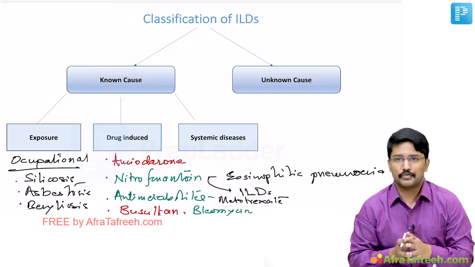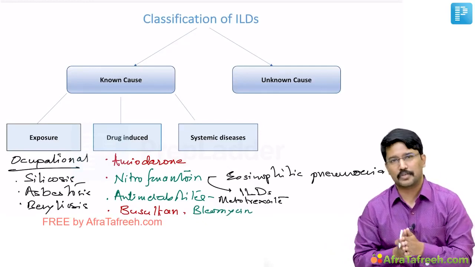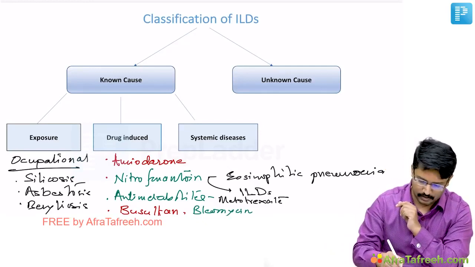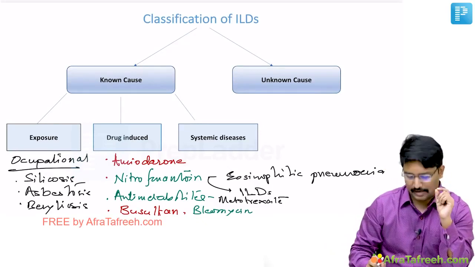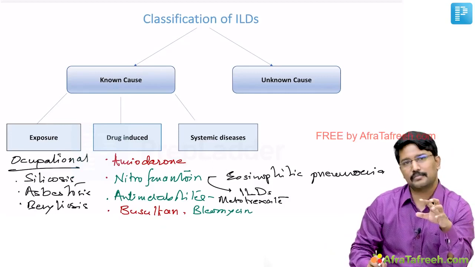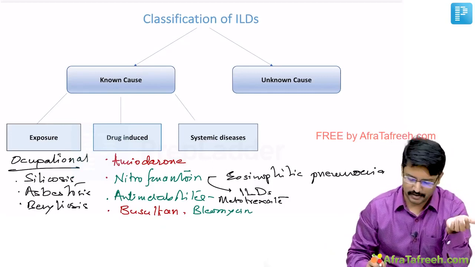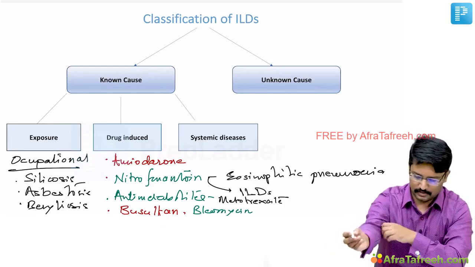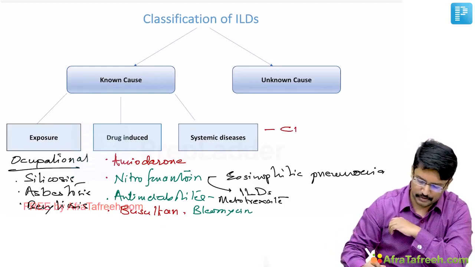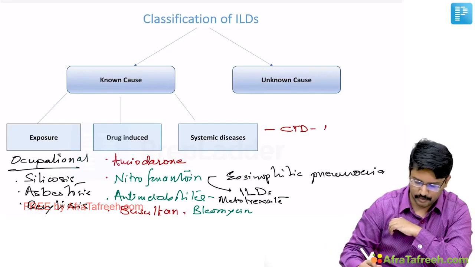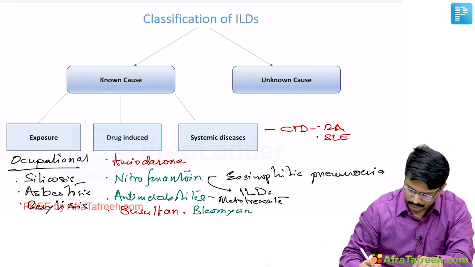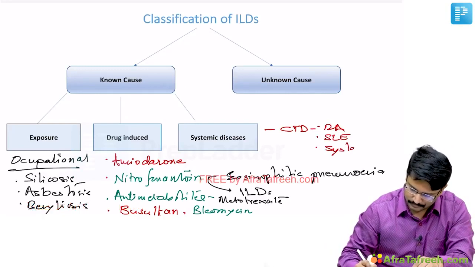The list is exhaustive, but these are important from exams perspective and I want you to remember them. Apart from exposure related and drug induced, we also have systemic diseases which can manifest with interstitial lung disease. Classical example is connective tissue disorders like rheumatoid arthritis, SLE, or systemic sclerosis.